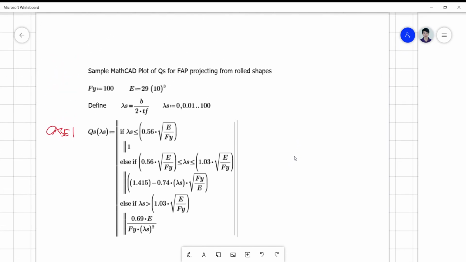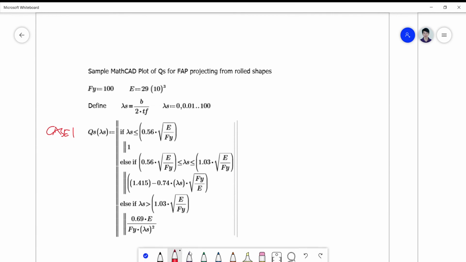This is on the basis of comparing your lambda s, of the unstiffened.